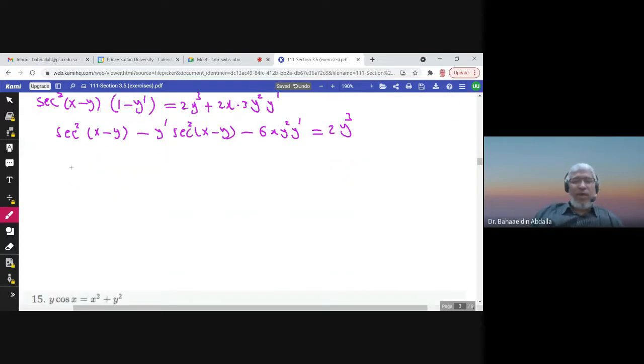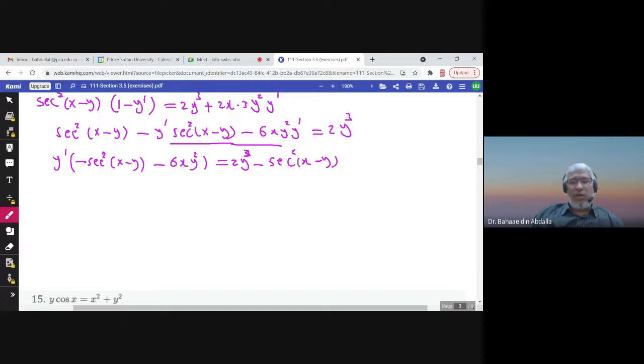Now I'll take y prime as a common factor from these two terms. So I have negative secant square x minus y, negative 6x y square, and this would be equal to 2y cube minus secant square x minus y.